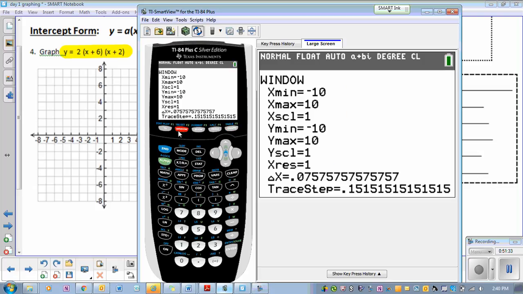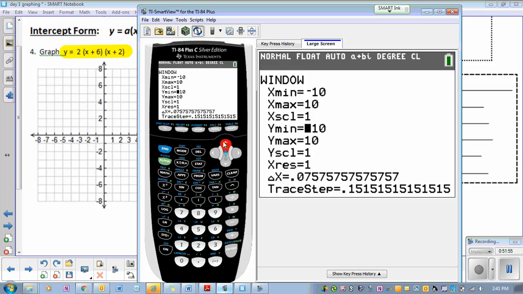Which axis is that if you want to see the bottom? Is it X or Y? The Y. So you don't want the X min or the X max or the X scale. You want the Y's. This is saying the smallest Y number is -10. Right now, -10 is not enough.